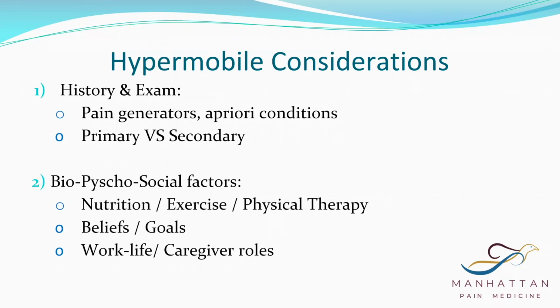Again, on a similar note, there's what we call primary and secondary types of injuries that we see. Sometimes the patient will come in with their chief complaint being a secondary injury. Let's say they have a lot of pain in the side of their hip, but the primary injury is actually in the hip joint.